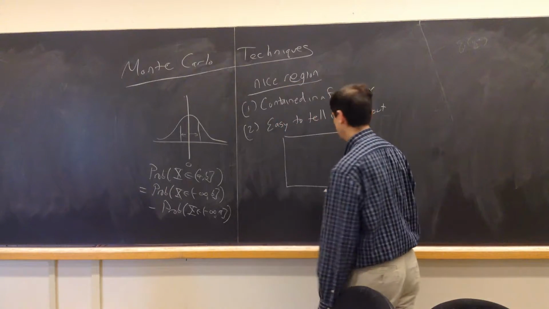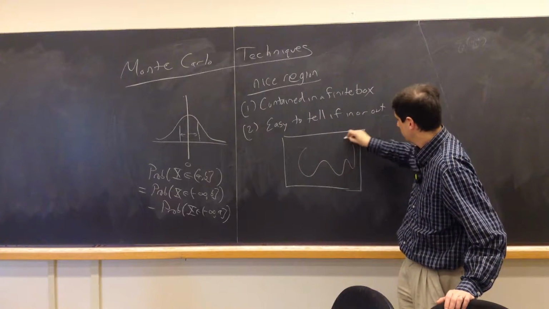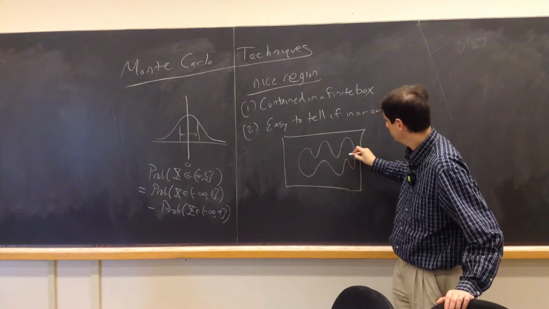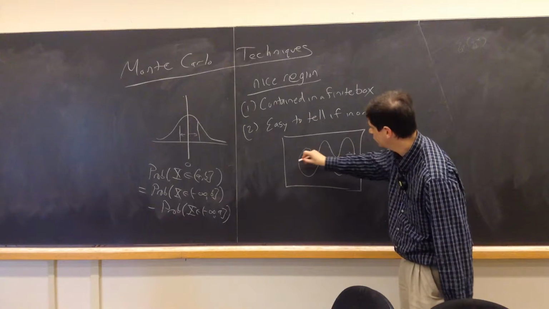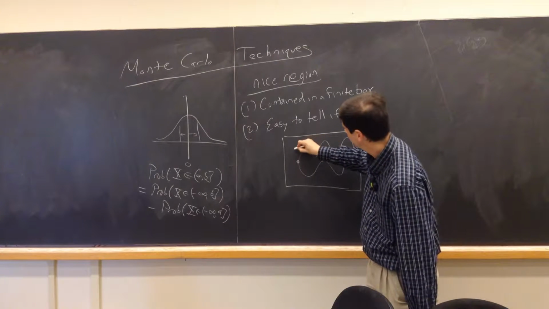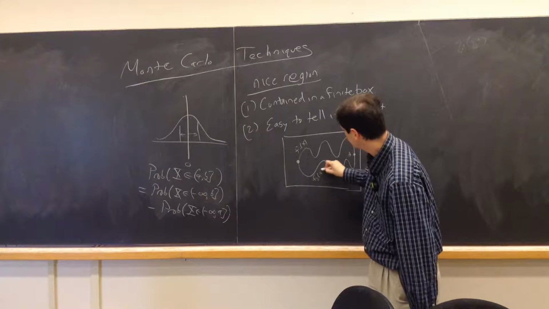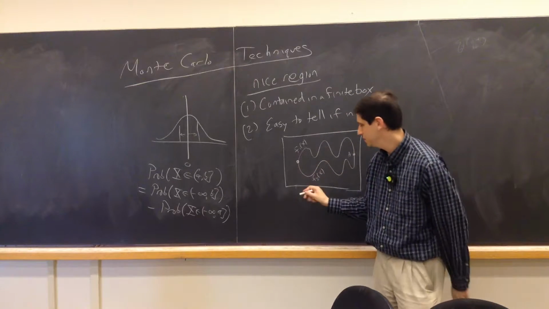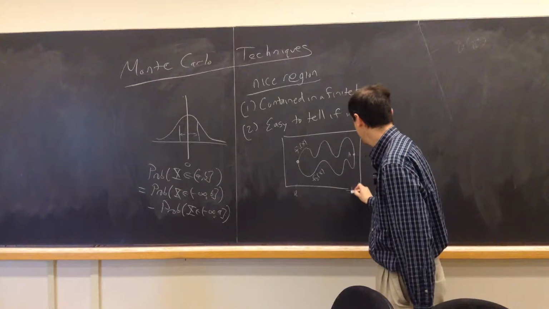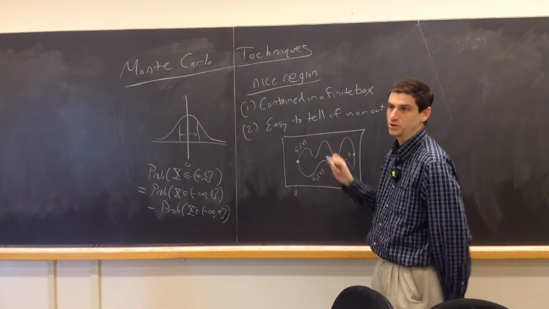So in the simplest case, here's some rectangle, and here's my region A. And maybe I have two curves. Here's the top curve, f1 of x. Here's the bottom curve, f2 of x. And my region is all the points from this a to this b, where f2 of x is less than or equal to y, which is less than or equal to f1 of x.